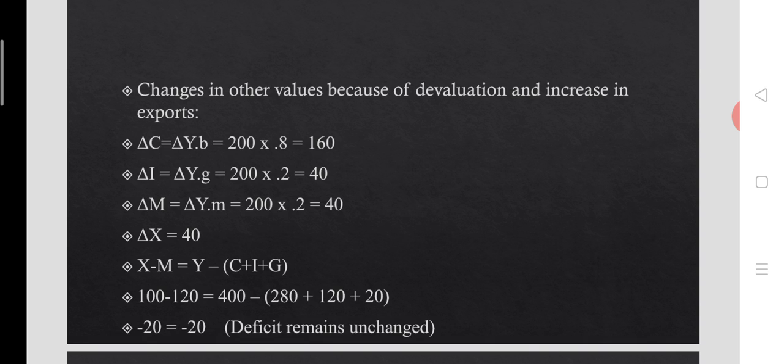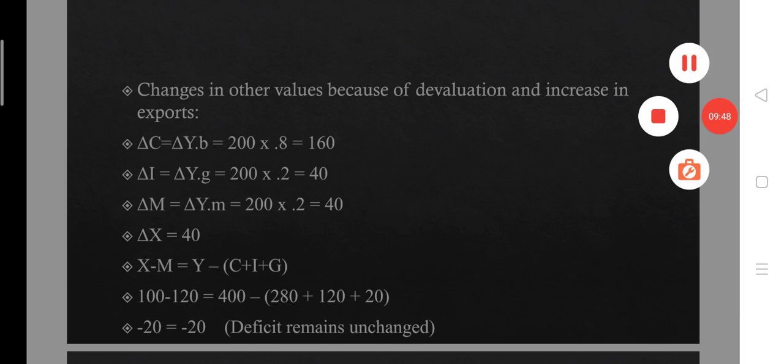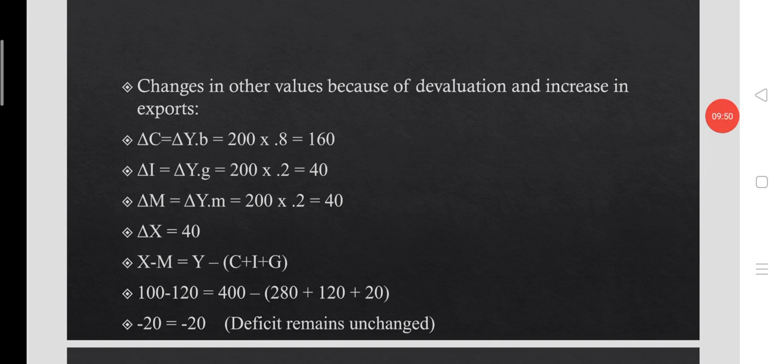The change in consumption: as you know, consumption is a function of income, so change in income into B. Income is increased by 200, which is 5 times the change in export, that is 5 into 40, 200 million US dollar.